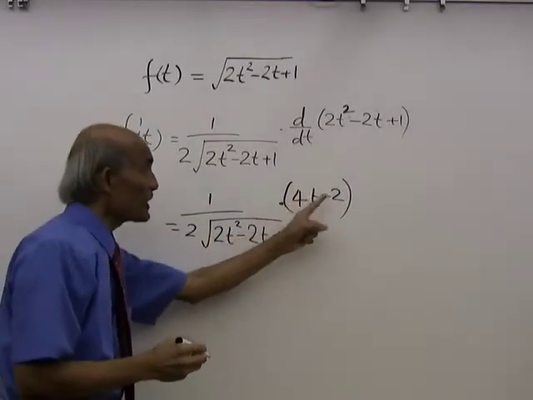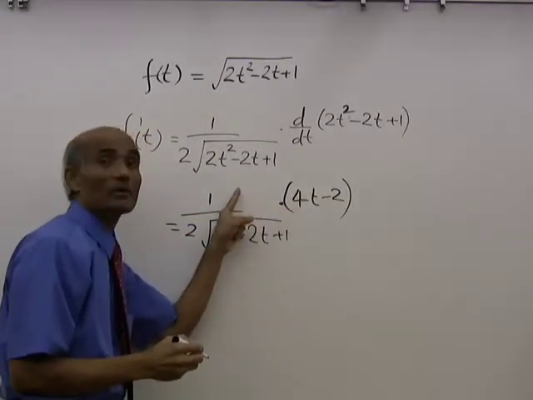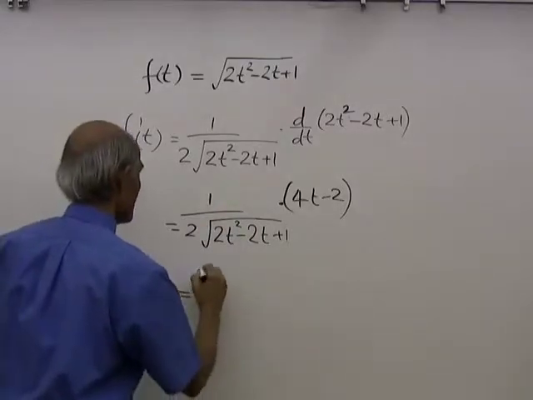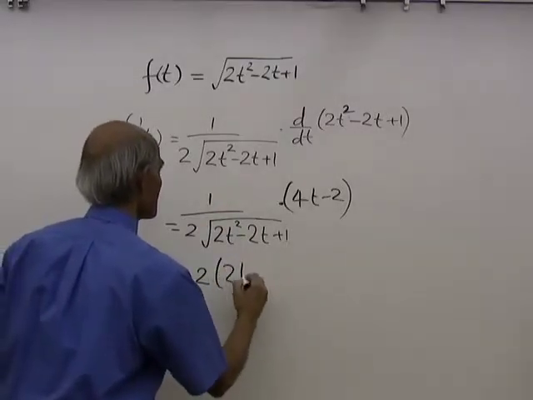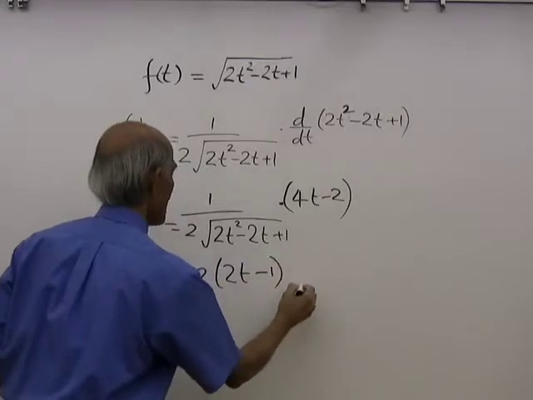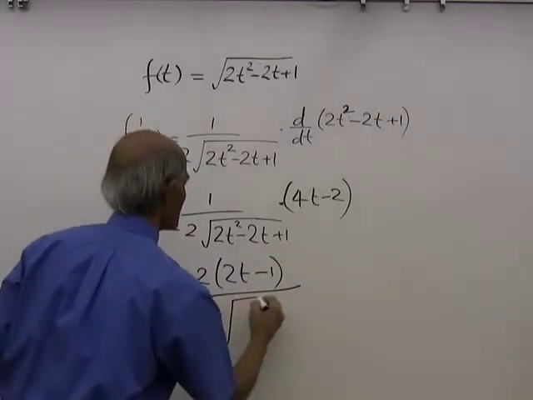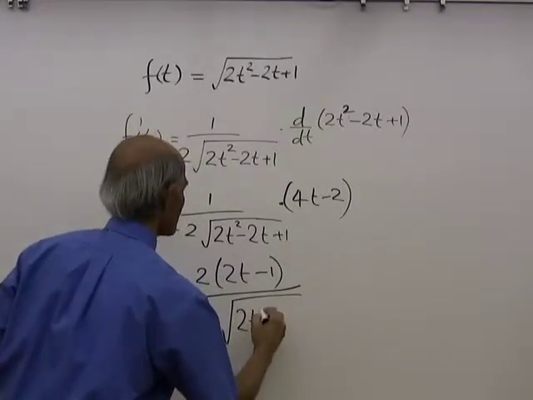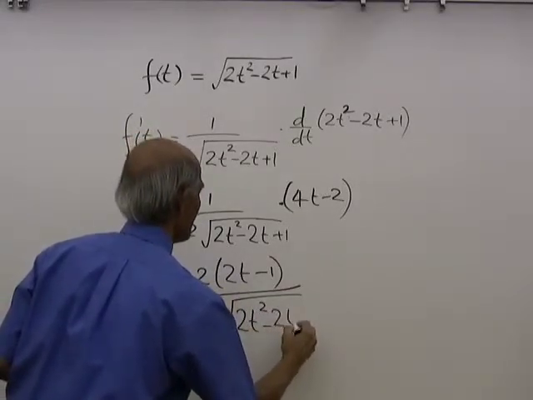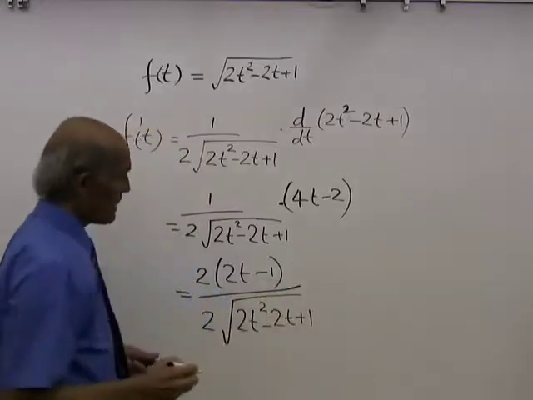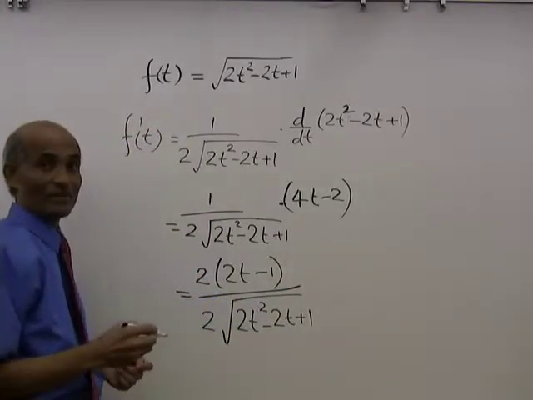So that's the numerator now. A 2 can come out. So that will be 2 times 2t minus 1 as the numerator, and 2 times square root of 2t squared minus 2t plus 1 as the denominator.